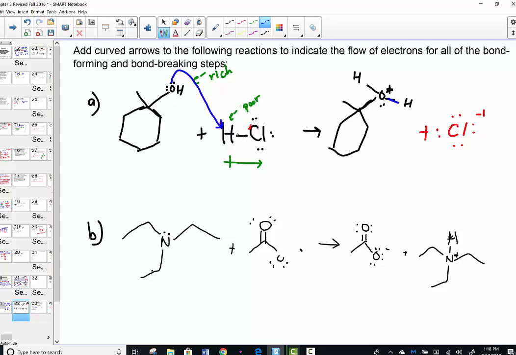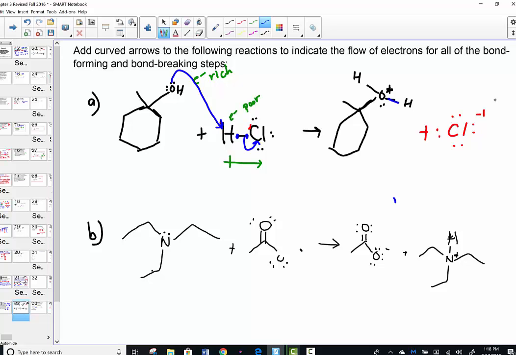What about these 2 electrons that were originally in a bond? They're going to collapse back onto the atom of chloride, and now I can see all 8 dots are on the chloride ion. Its formal charge is -1. We have 2 electron arrows needed as A goes to B.